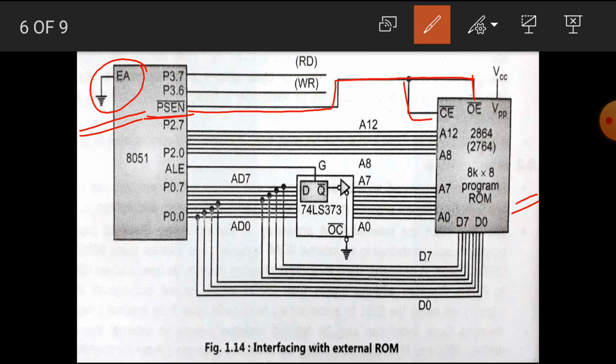Okay, now we have already seen that the 5 lines from the port P2, A8 to A12, are used for the higher addresses. It is directly connected to the program ROM because it only gives the address, but the port P0 gives both address and data.